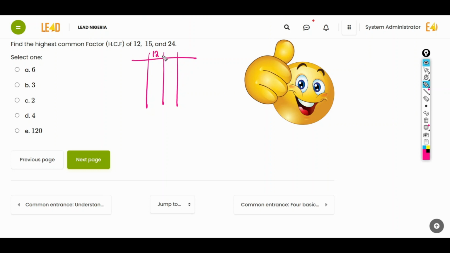But let's just do the math. 12, 15 and 24. Of course, we use 3: 4, 5, 8, and there's nothing that can divide the next group. So your HCF is just 3. Remember, for HCF, we divide by what can divide all of them.